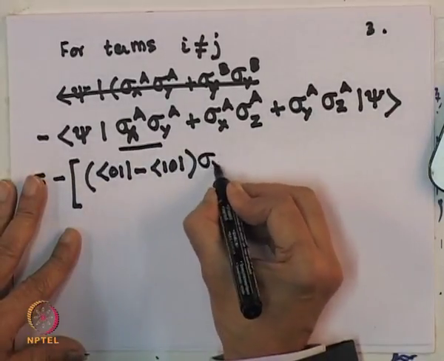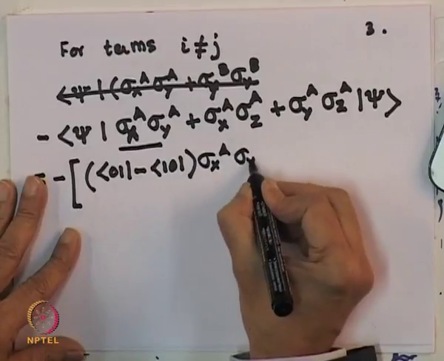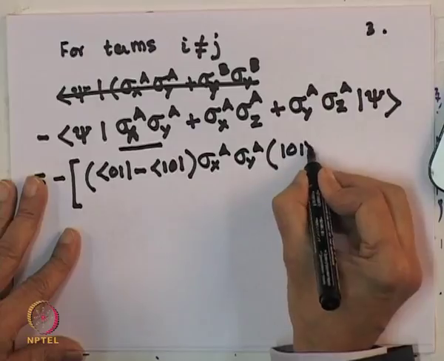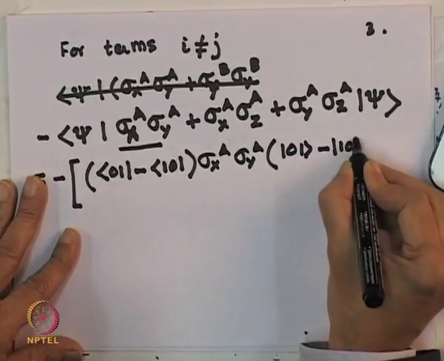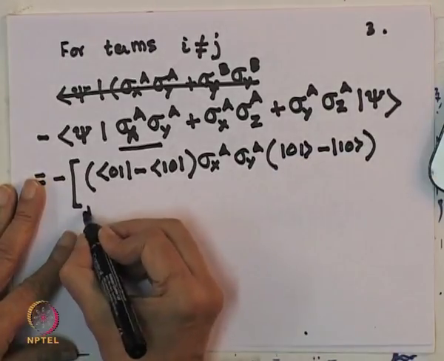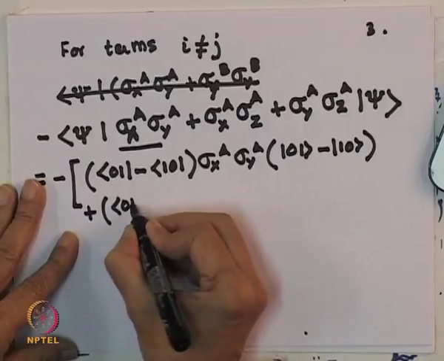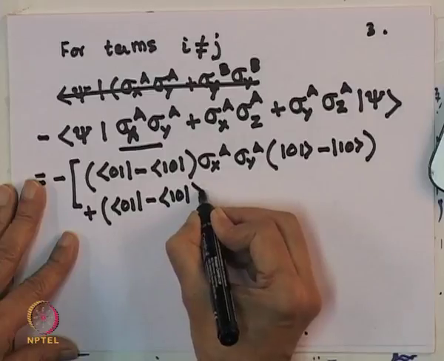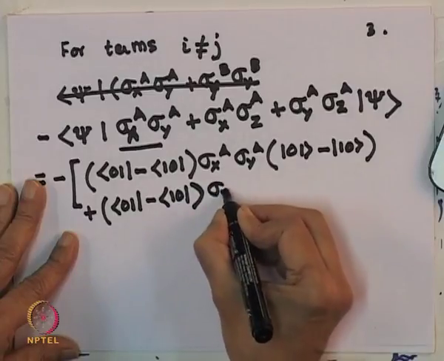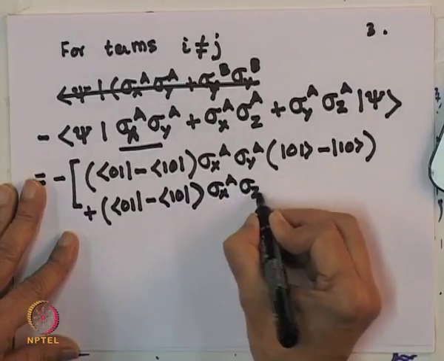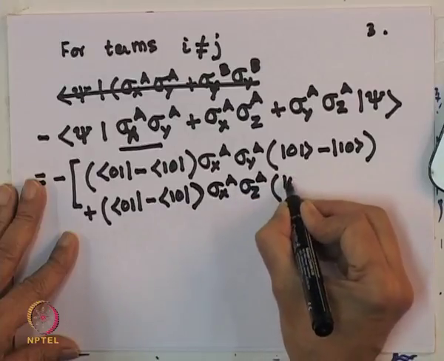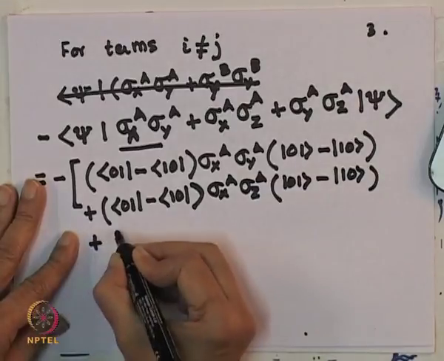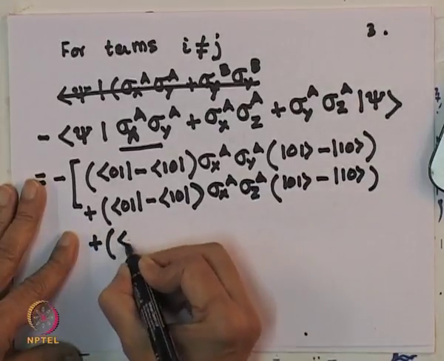So I get sigma xa, sigma ya acting on 0 1 minus 1 0, plus the same bra, sigma xa, sigma za. I have just written it down, there is nothing being done other than routine algebra.